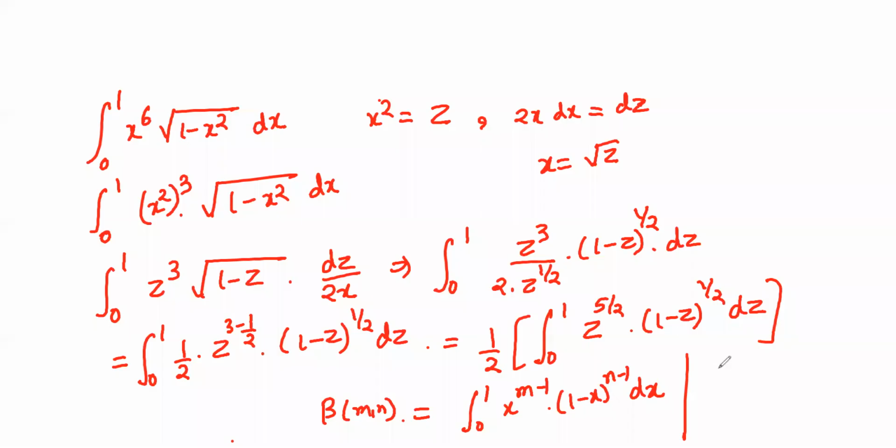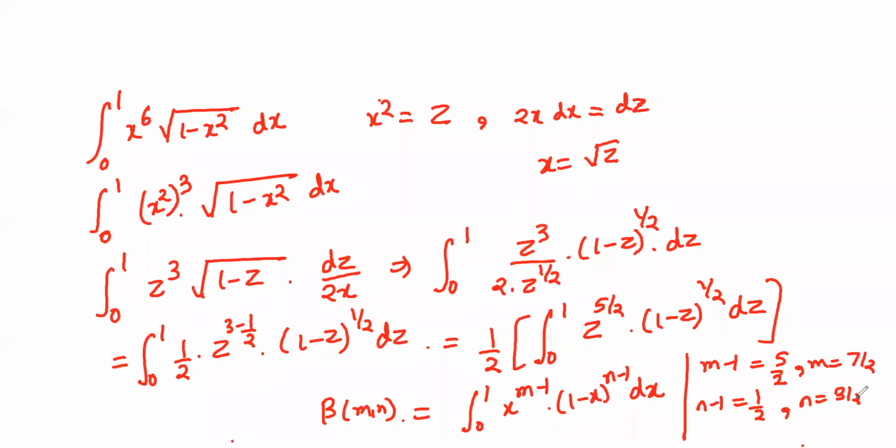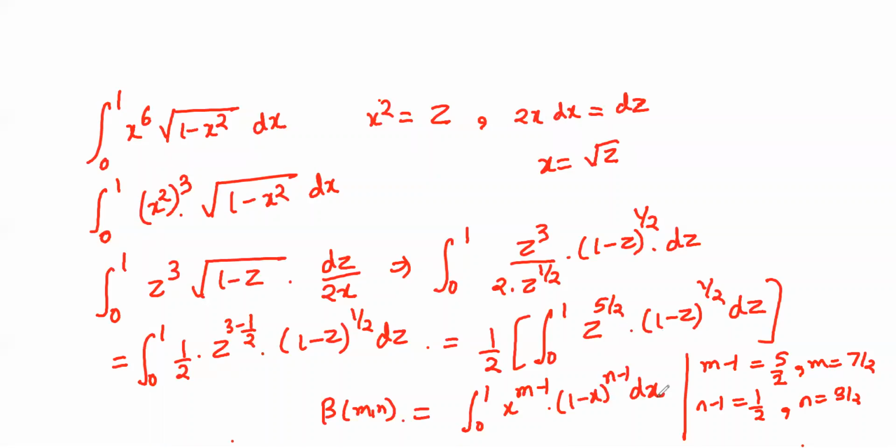So m minus 1 is 5 by 2, so m is 7 by 2, and n minus 1 is 1 by 2, so n is 3 by 2. Okay, so can I write what we have written: 1 by 2, integral 0 to 1 z raised to 5 by 2.